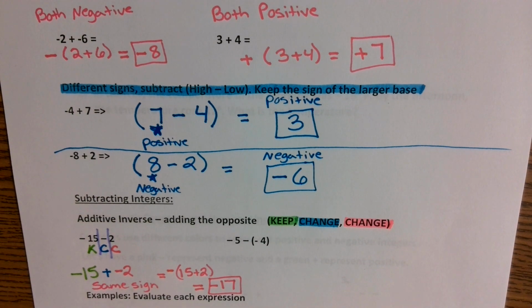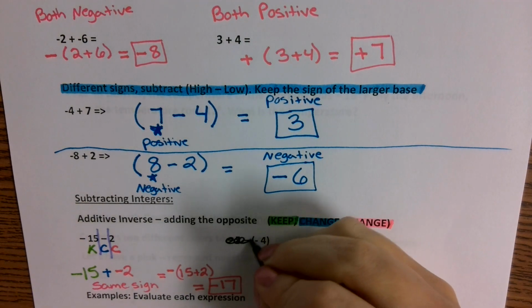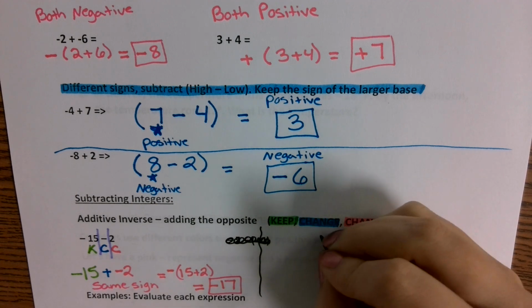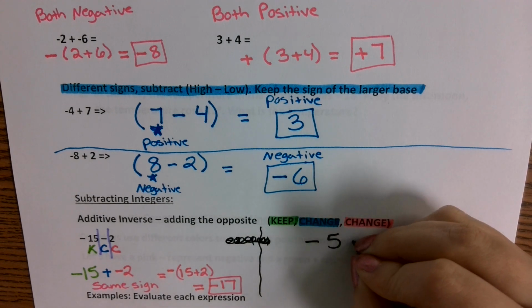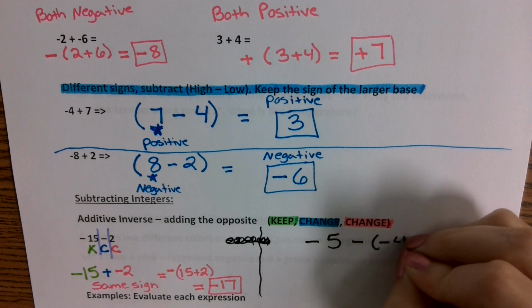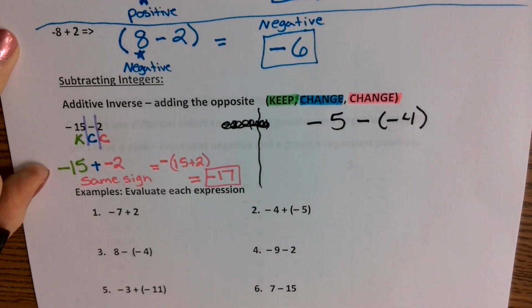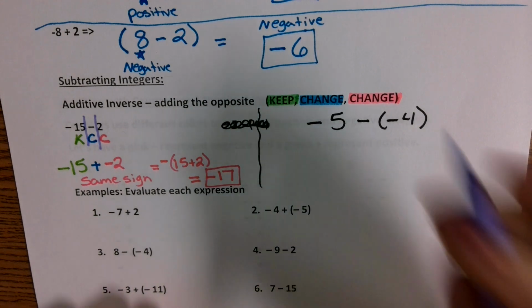Okay? I'm going to rewrite this one off to the side so I have more space. This was negative 5 minus a negative 4. Okay, so again, we do not do subtraction. We change our subtraction problems into addition problems. So we split this into parts.